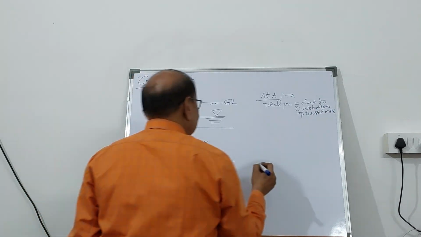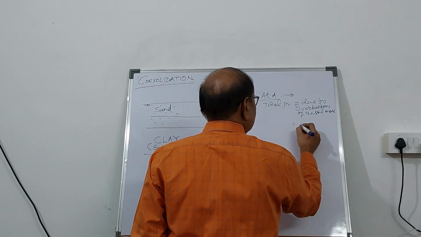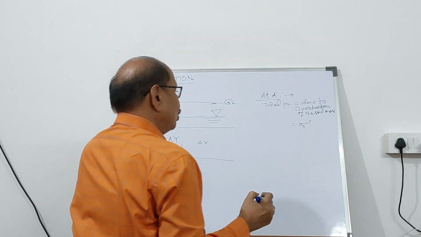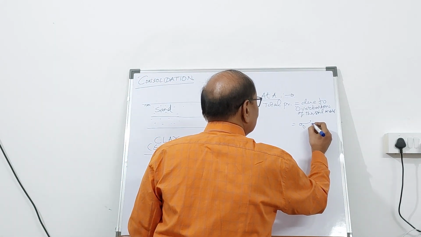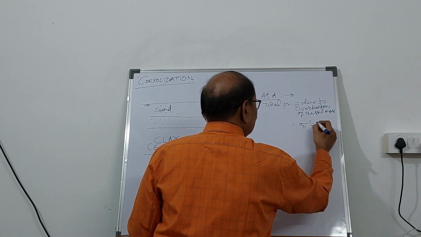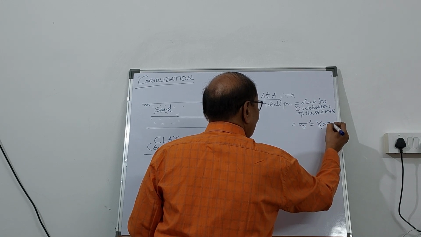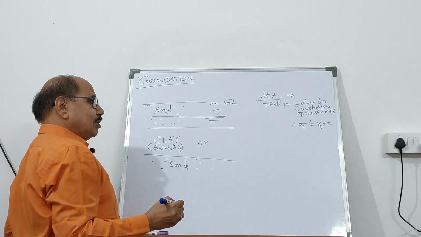At A, what is the overburden? It is sigma, the total overburden pressure, which is the total unit weight multiplied by the column of soil mass above point A, that is gamma_T times Z.